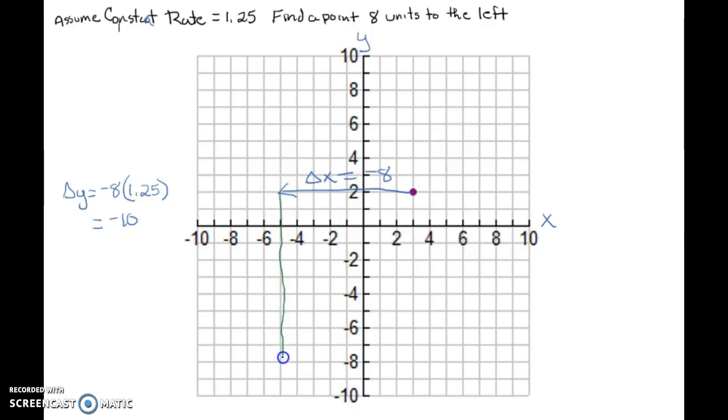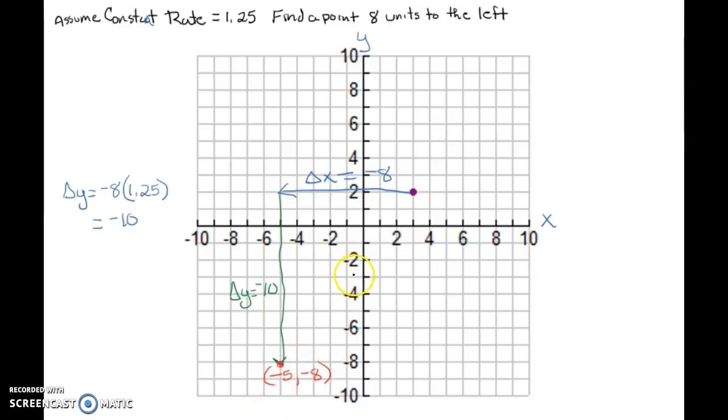And if we count these out, we should end up right here. 1, 2, 3, 4, 5, 6, 7, 8, 9, 10, because the change in output is now negative 10 units, and our new point sits right here, which is now (-5, -8).